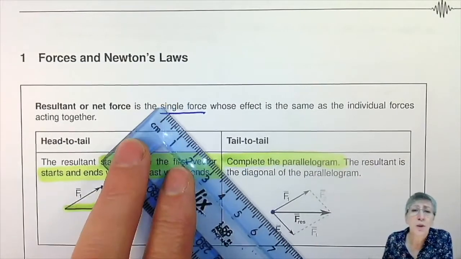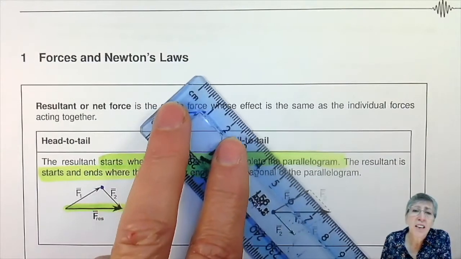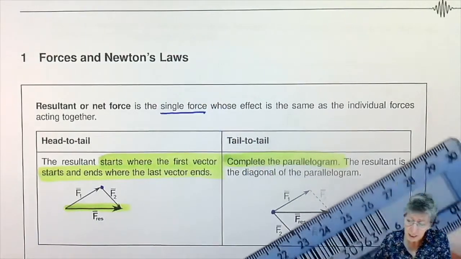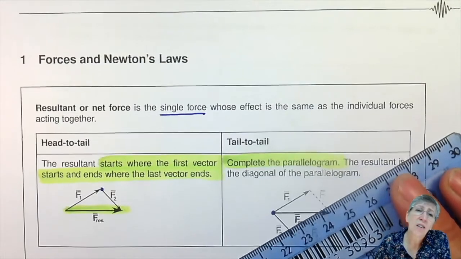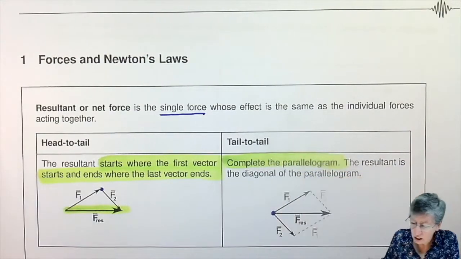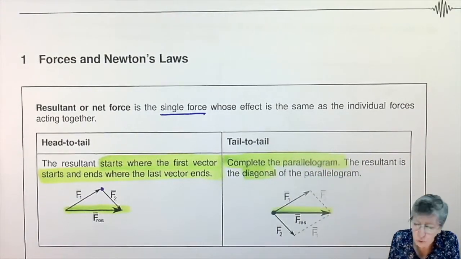The easiest way is to do this with your ruler, right? To take this force, keep the direction and the length the same, and repeat it on the other side. For this one, get the direction and the length and repeat on the other side. And then you get the diagonal of that, and the diagonal is going to be your resultant force.